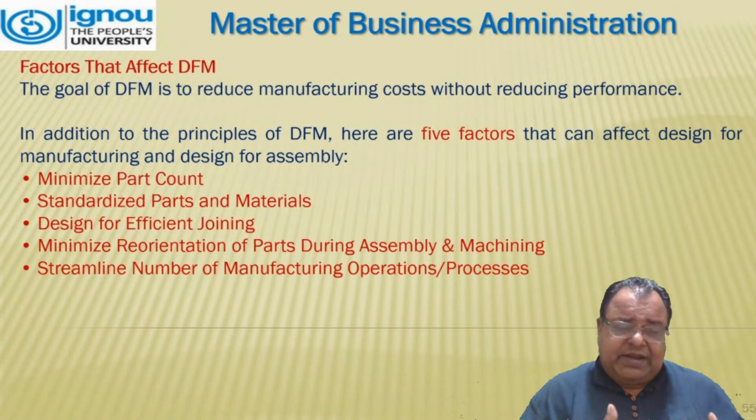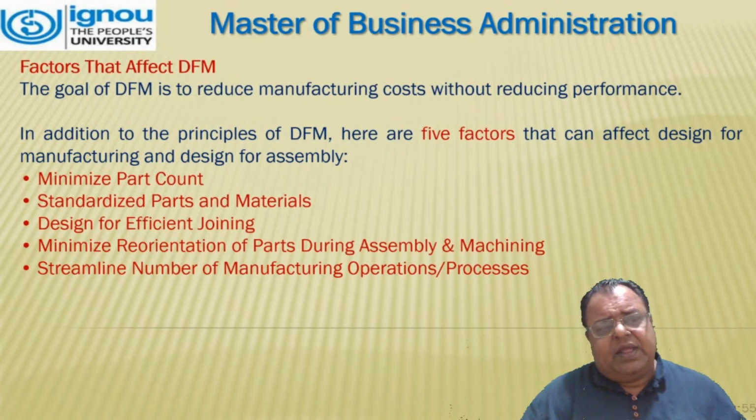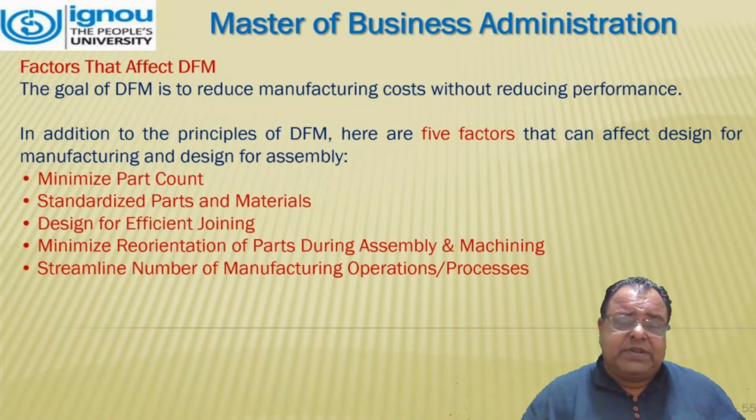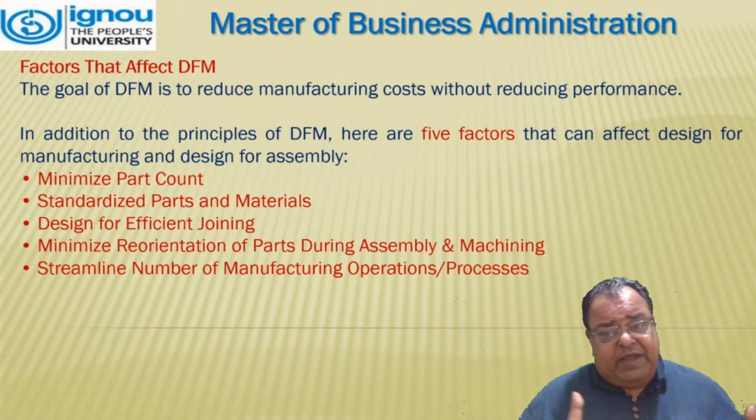What are the factors which affect DFM? The goal of DFM is to reduce manufacturing cost without reducing performance. In addition to the principles of DFM, here are five factors that can affect design for manufacturing and design for assembly.